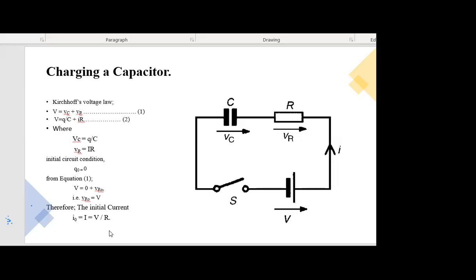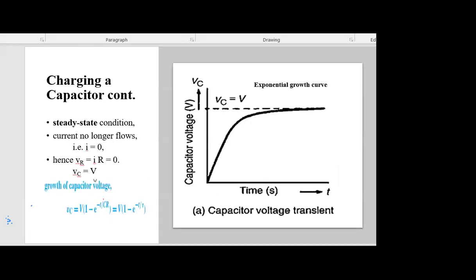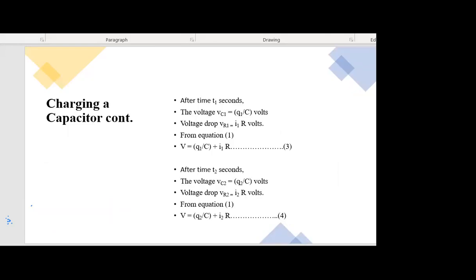So that is the condition. Initially, the current will be equal to V over R. After some time, for example T1, after T1 seconds, the capacitor will start to charge. So the charge won't be 0, it will be Q1.